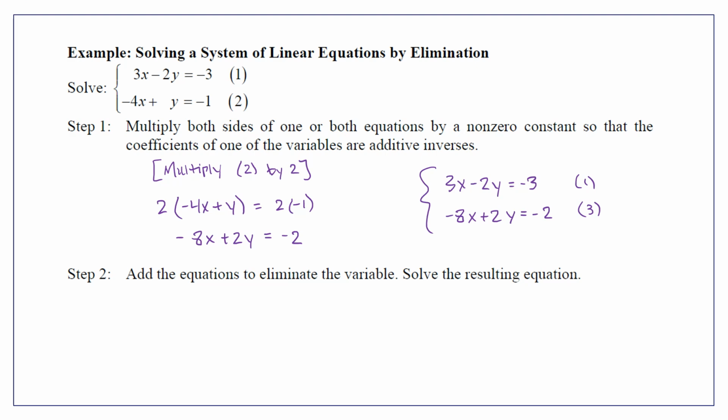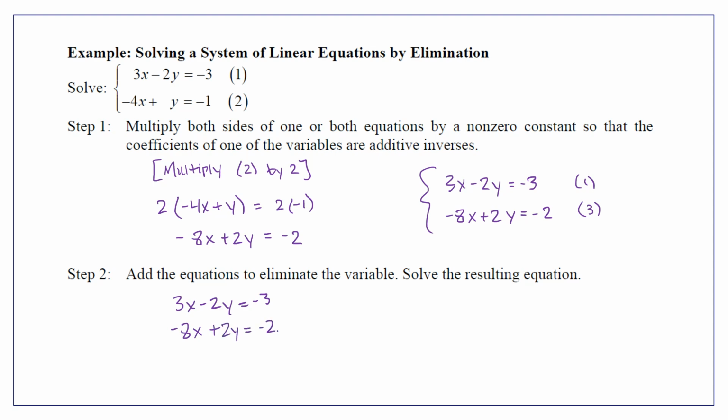So next step is to add the equations to eliminate the variable and solve the resulting equation. I'm going to take my 2 equations from step 1 and add them together.